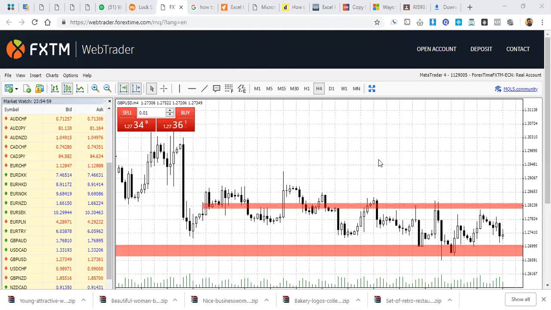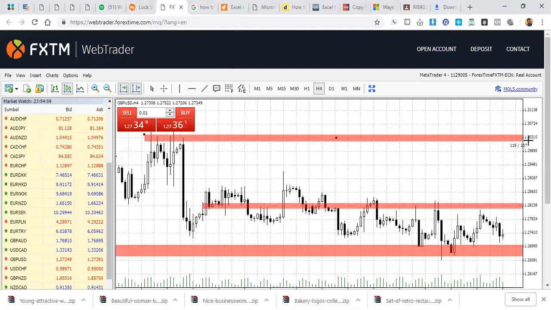For instance, the Brexit thing has been pushing and messing with the pairs so much. You can see right here, Brexit news. This was Brexit actually. Move it right here to this point. So actually, I should draw another zone right here. If you are good at trading fundamentals, it is actually good if you have time to sit and read and wait for news.